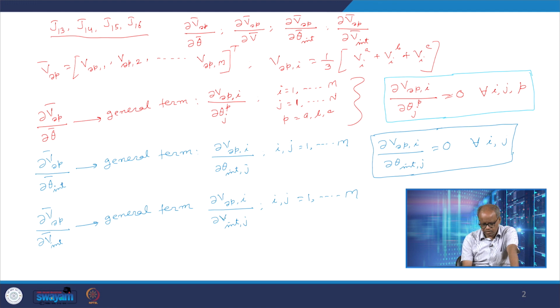As you can see again from this expression, V specified I is not dependent on any internal voltage, it is only dependent on the terminal voltage. So again, very happily, it is equal to 0.